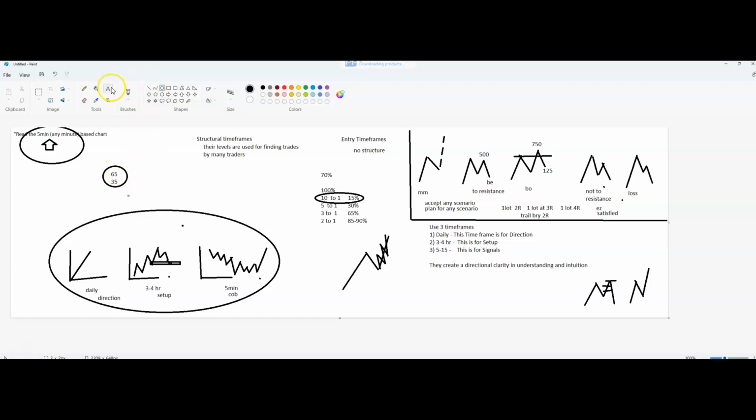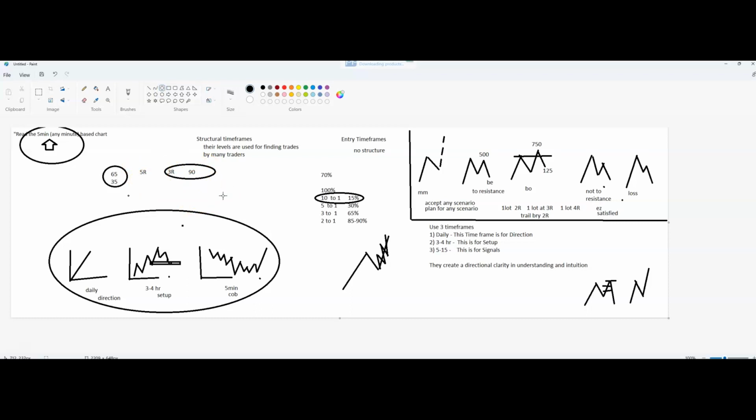Let me explain. If someone says 65 and he's saying 5R, I can get 5R with 65%. So the immediate thing that would come to mind is instead of taking 5R, what would be the percentage if I only took 3R? If I lower the R, this percentage of 65 should increase to like 88 or 90%. So then I would move to this. The frequency would automatically increase.